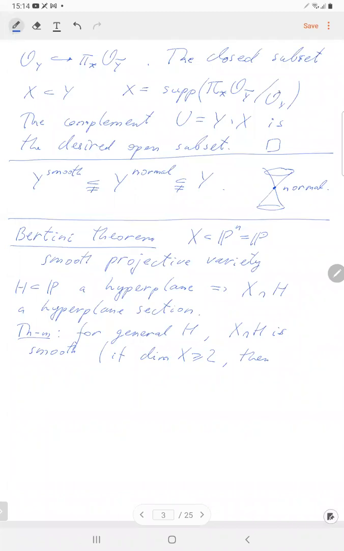So the claim is that the intersection is also connected, but somehow at the present moment we cannot prove this connectedness property. It requires some cohomology computation. So we will only do this maybe in February, but at least we'll prove that for a general hyperplane, the corresponding hyperplane section is smooth.